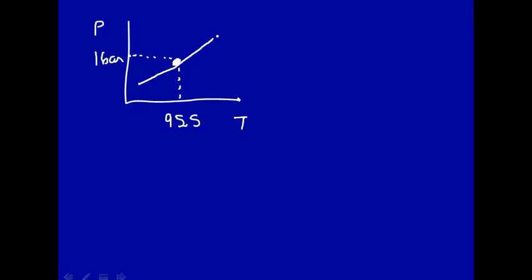And let's draw this. Okay, there's a boundary. So over here below 95 at 1 bar, you have the rhombic. And here above 95, you have the monoclinic.